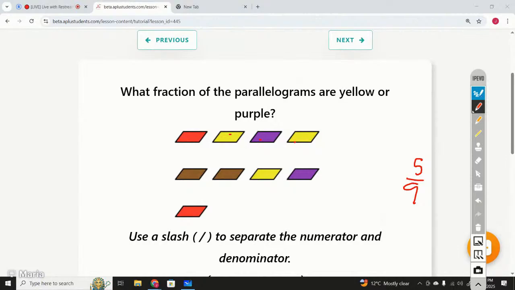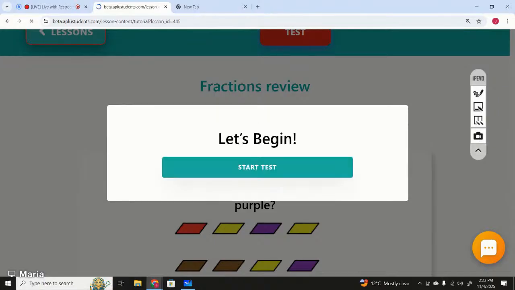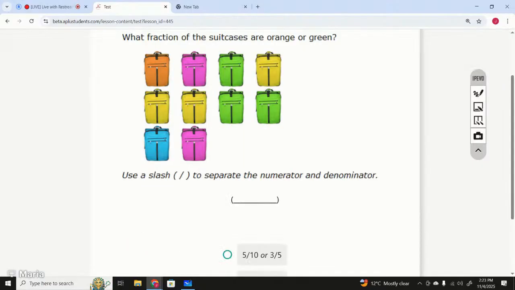What fractions of the suitcase are orange or green?